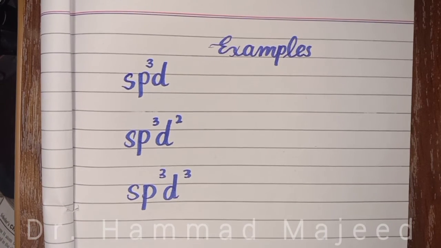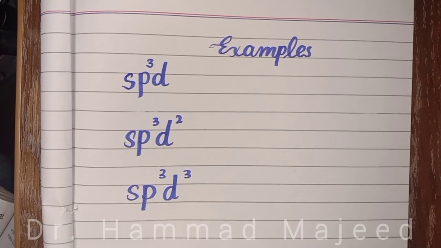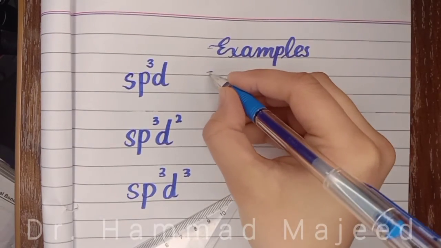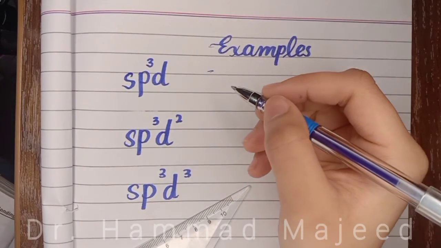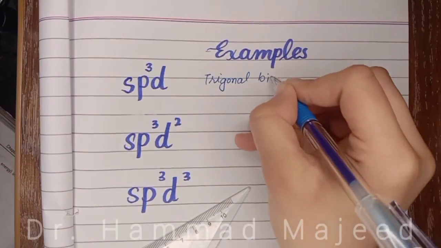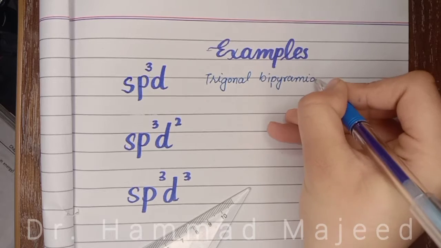Now in this video, I'm summarizing the types of hybridization I have discussed here, which are sp3d, sp3d2, and sp3d3. Now, the basic point here is that in the sp3d hybridization, the shape is trigonal bipyramidal.